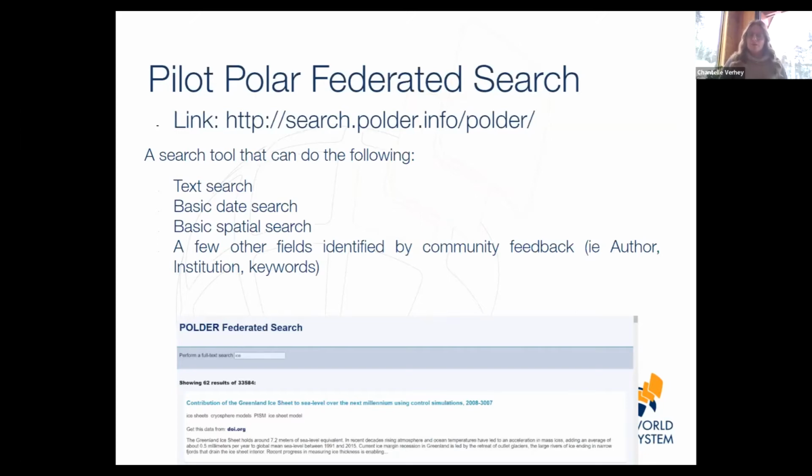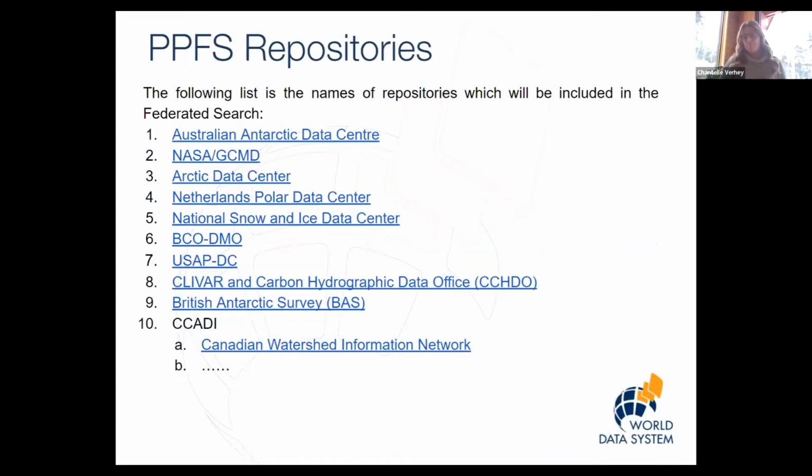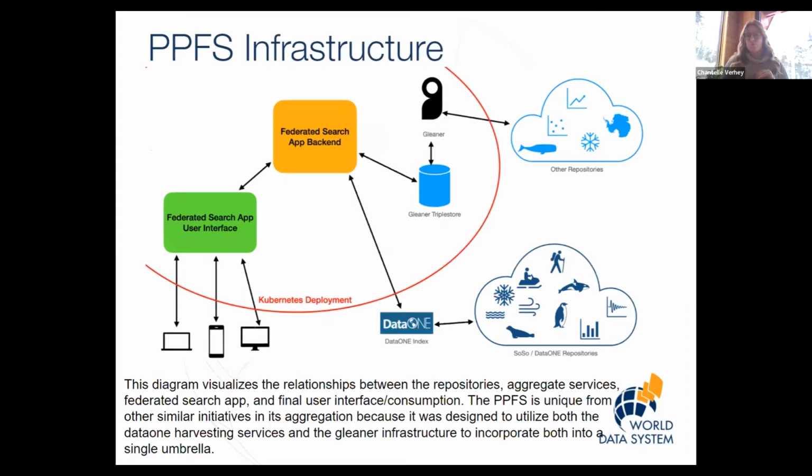So right now we have about 10 repositories that have committed to being included in the federated search. This does include Australian Antarctic Data Center, CCADI and whatnot. Now, the unique part about our Polder federated search is that we're also harvesting from Data One. So Data One does harvest repositories that have implemented the SOSO guidelines in general.